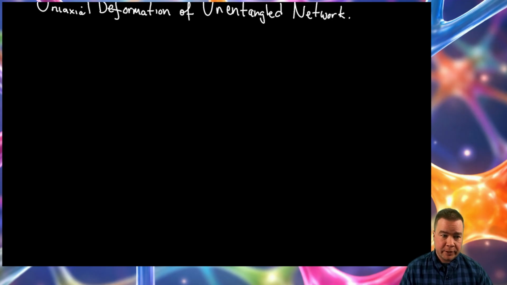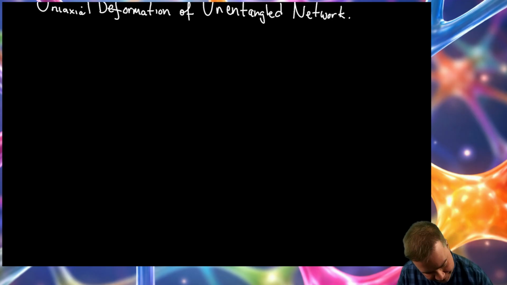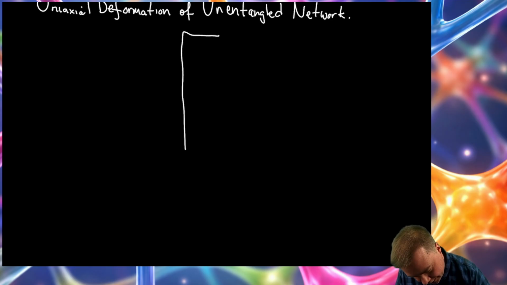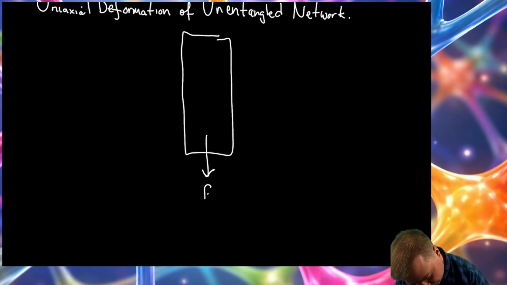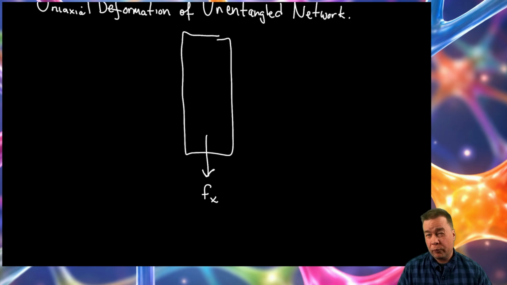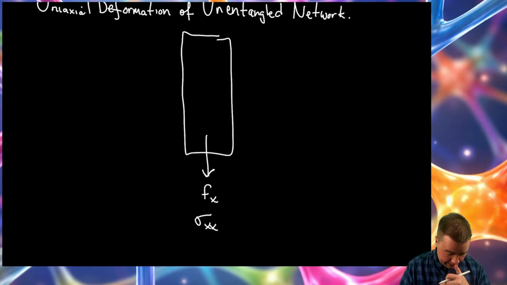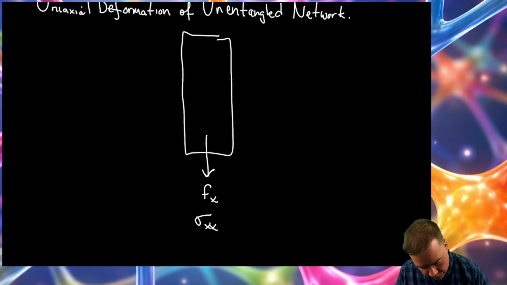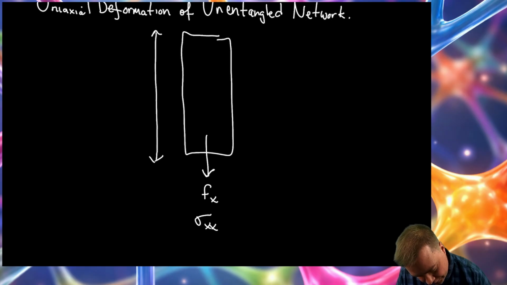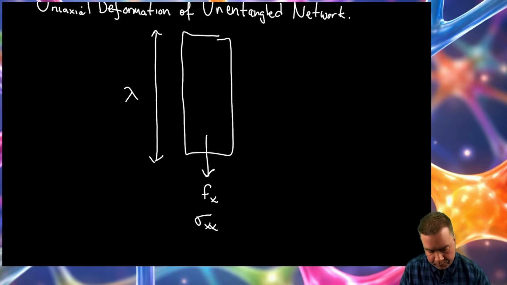We're going to add those in after we do this. So what we're saying is we're going to take our material and we're going to elongate it in one direction. So we're going to pull with a force in the x direction, or really what we're interested in, to make it more general, is the normal stress that we're applying in the x direction. Notice that that means that this material is going to get longer in the x direction by a factor lambda.